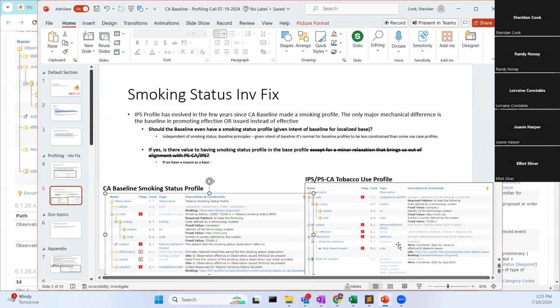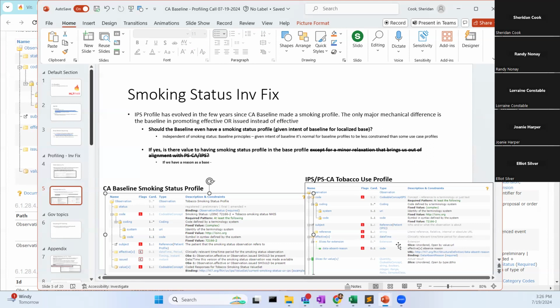I was going to say, I think part of it is, do we envision somebody who is preparing an IPS to simply pull together existing resources? Do we expect them to go through some transform where they might take their smoking status resource and transform it to an IPS smoking status resource?